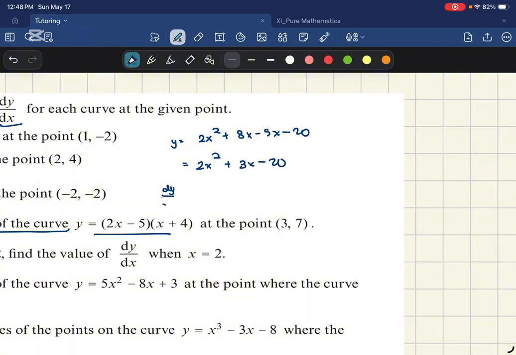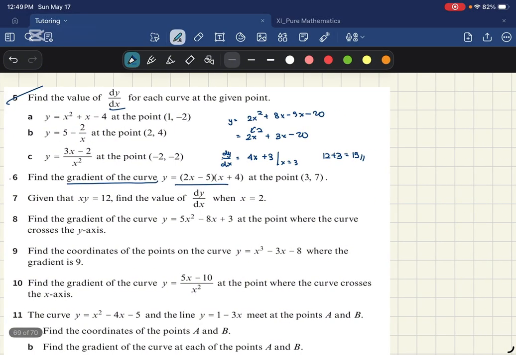And dy by dx is going to be, if you differentiate this, 2 comes to the front. So 4x plus 3, if you differentiate the second term, minus 20 differentiates to 0. And then you need to substitute x is equal to 3. So you have 12 plus 3 is 15. That is the gradient at a point. And we have discussed this. The gradient at a point is just take the derivative at a particular value of x.